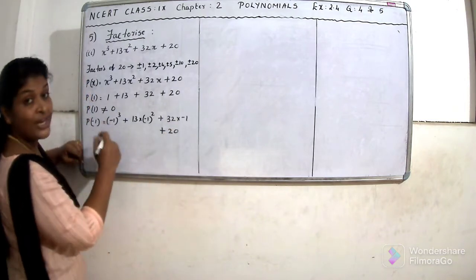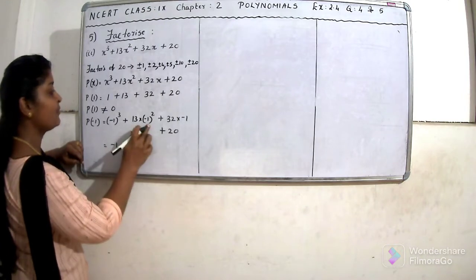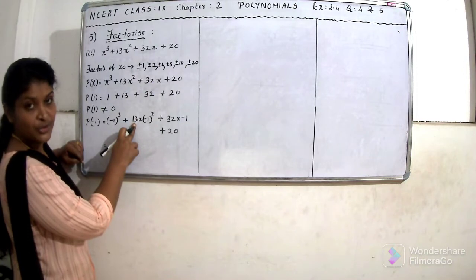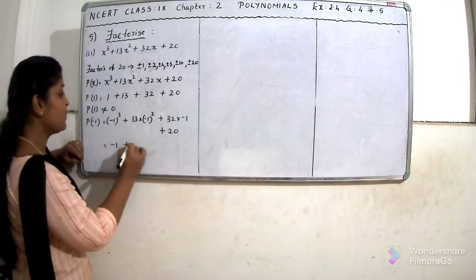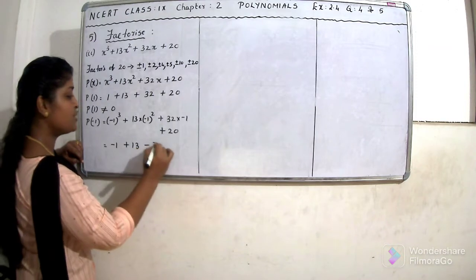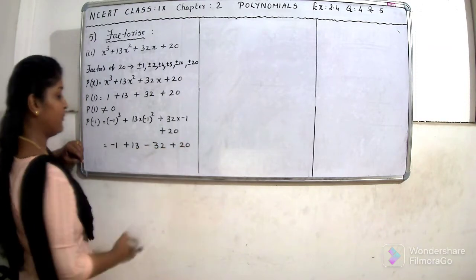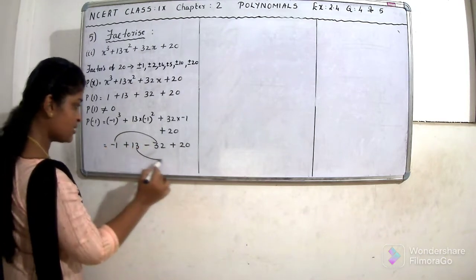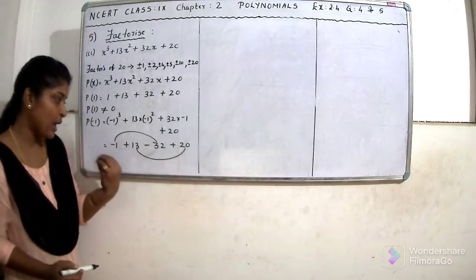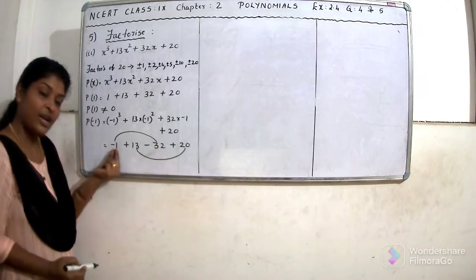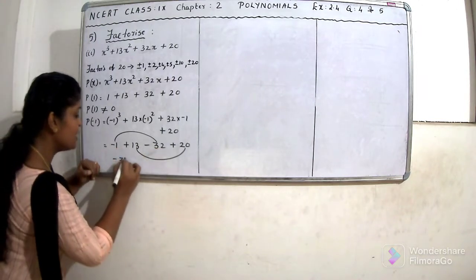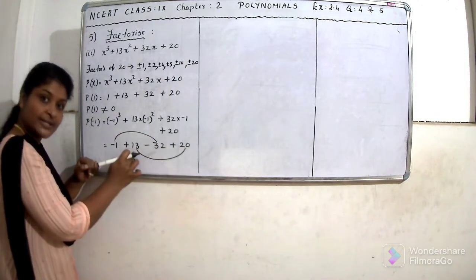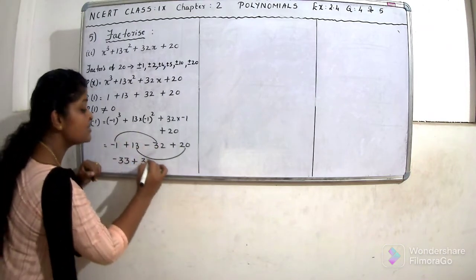Negative 1's cube is negative 1 itself, negative 1's square is positive, so plus into plus. So here will come 13, here will come negative 32 and 20. Now which are the negative signs? These two are negative and these two are positive, so we have to add together. Negative 32 and negative 1, it is negative 33. 20 and 13, that is 33, and that is positive.